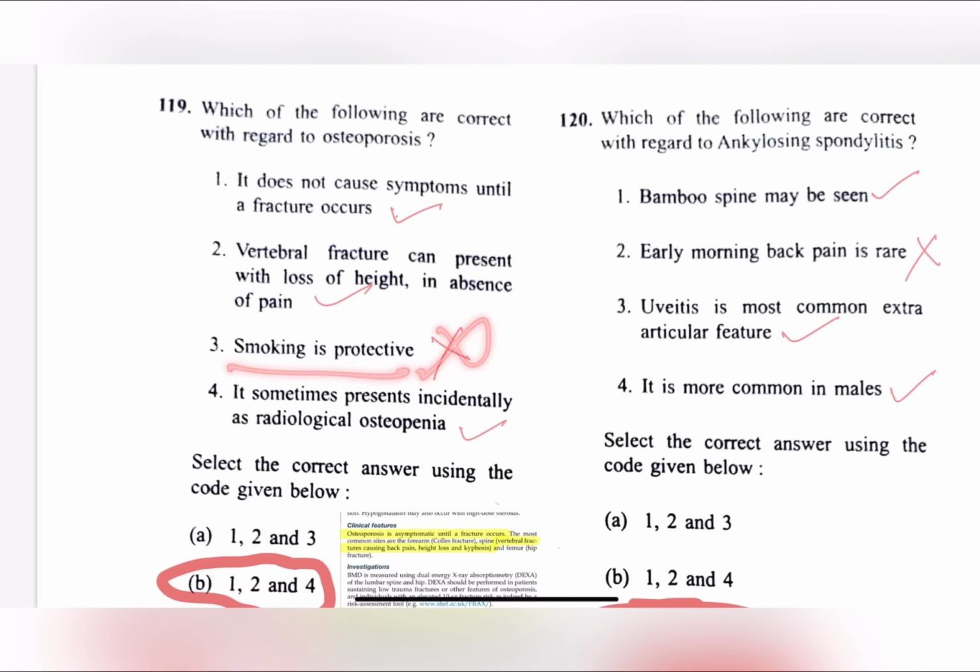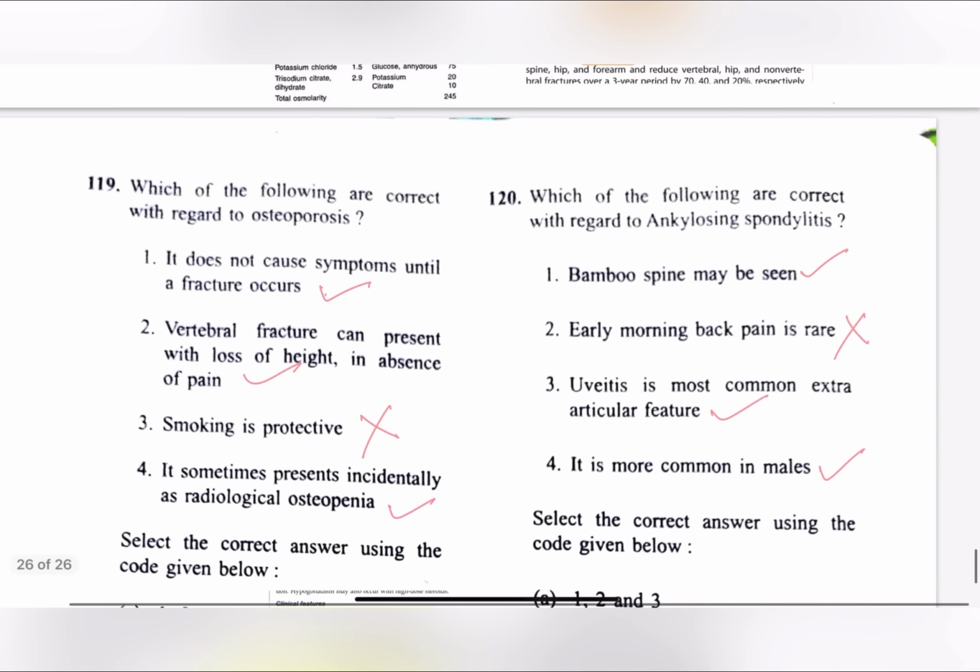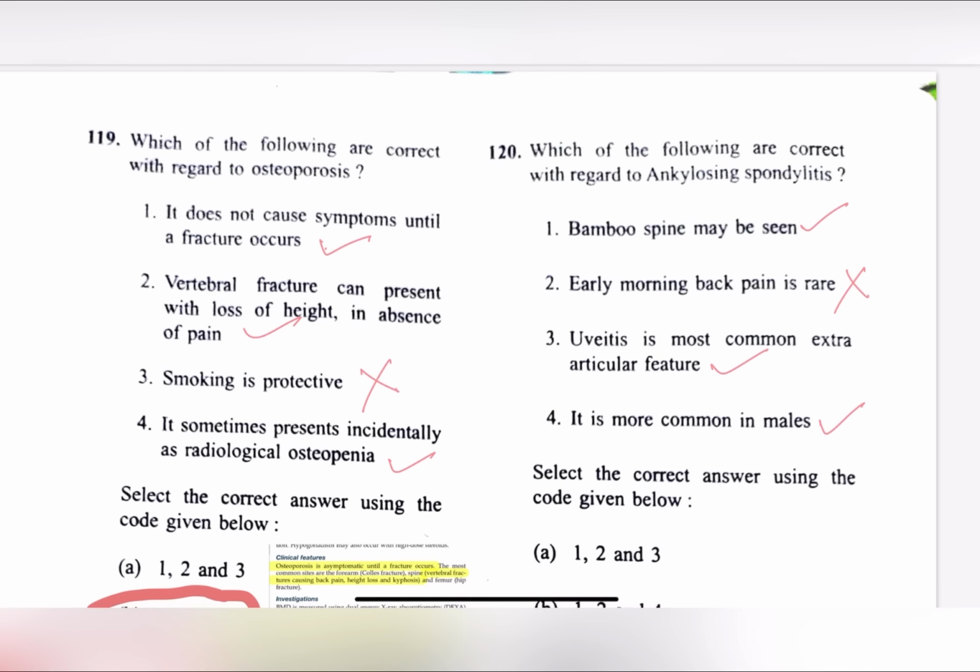That is wrong. Actually we try to go for cessation of smoking. So that statement is wrong. Next is, it does not cause symptoms until fracture occurs. That's true. Vertebral fracture can present with loss of height and absence of pain. That's true. And it sometimes presents incidentally as radiological osteopenia. That is also true.